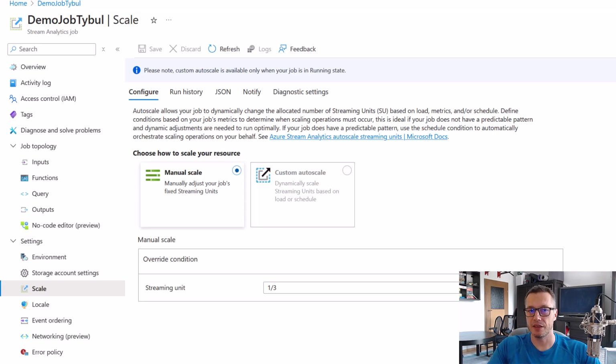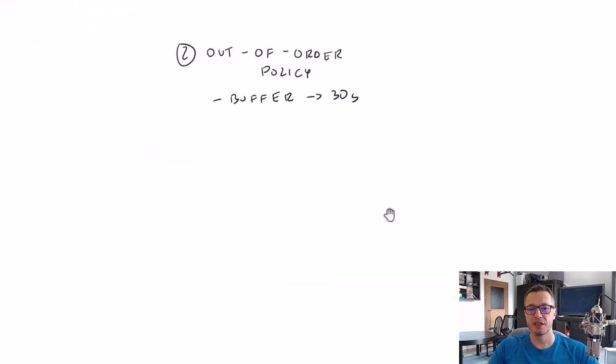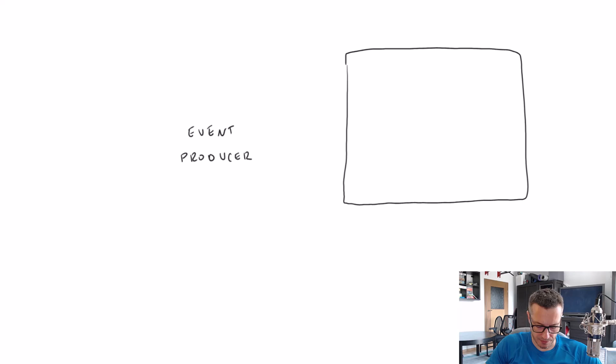So what has to be done in order to parallelize the whole processing? Please remember that it has to be done on every step of the processing. And we know that it starts with event producers. So we've got an event producer that is generating those events, and those events are usually sent to event hubs.